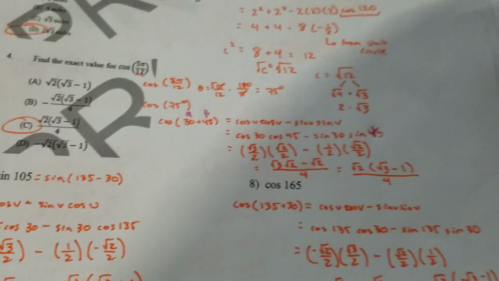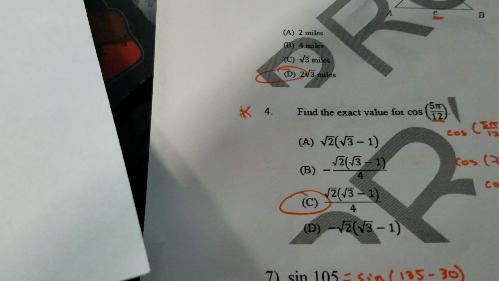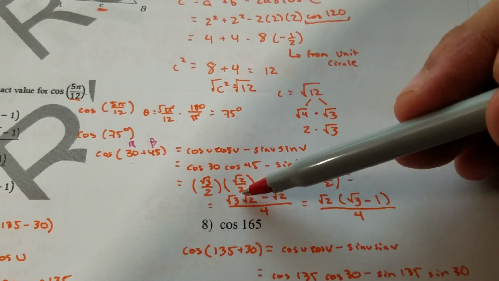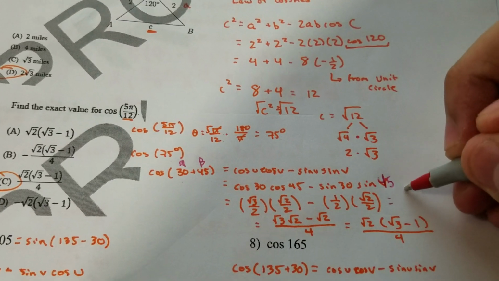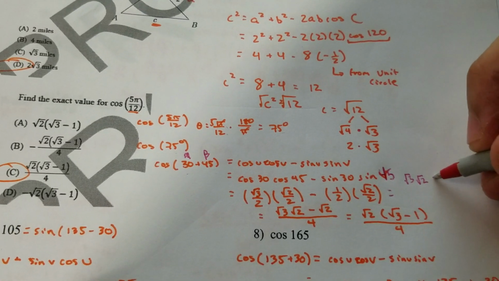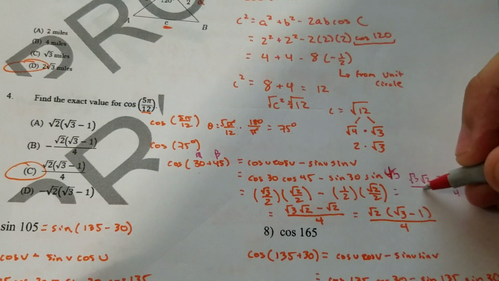And I did a little shortcut here, because I'm looking at the answer choices, they factored something out. And so what I see here is the denominators are both going to be 4. So I'm just going to leave it like that, square root of 3 times square root of 2, minus 1 times square root of 2, over 4 and 4, right?